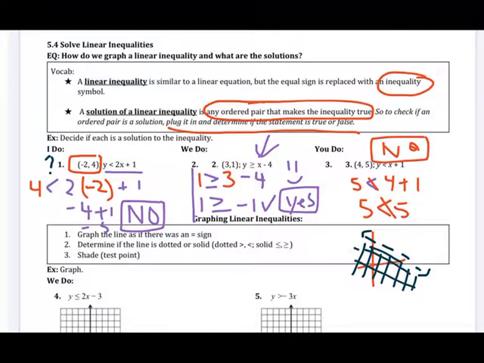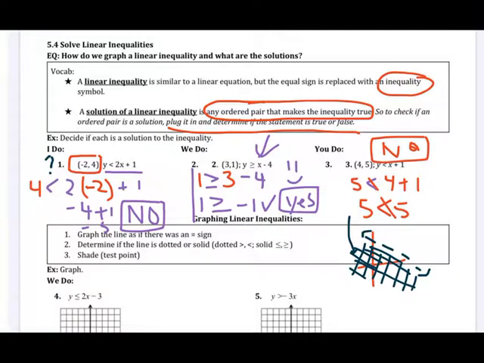It looks like a line, sometimes solid, sometimes dotted, that's creating a shaded area. And every solution is in that shaded area for that line. So there are an infinite number of right answers that make this inequality true, but they all fall within a certain region of this line.